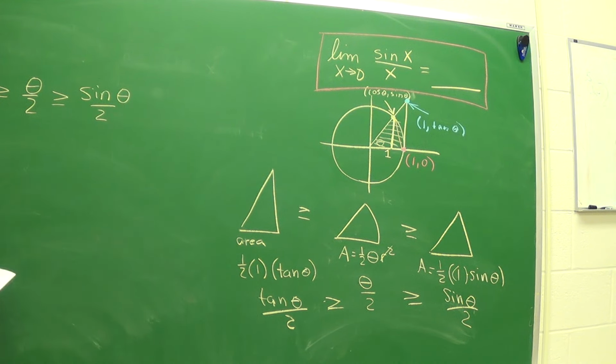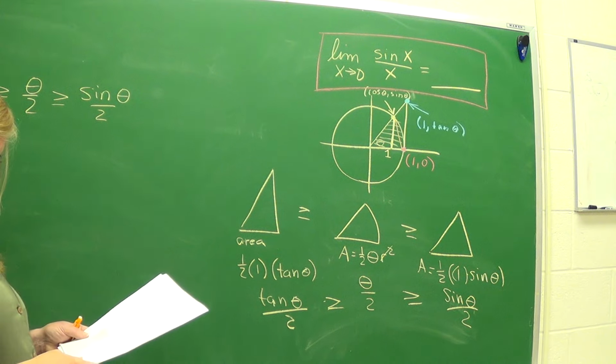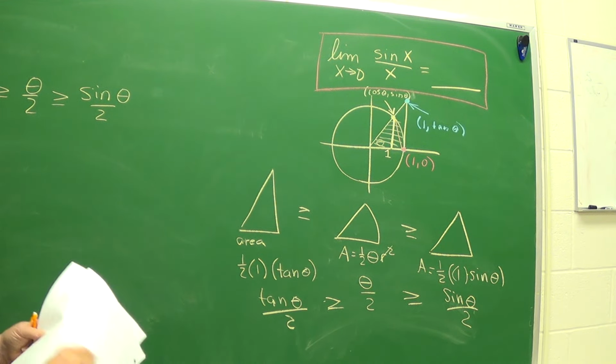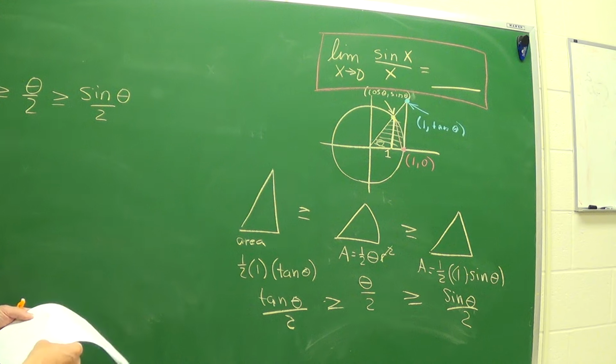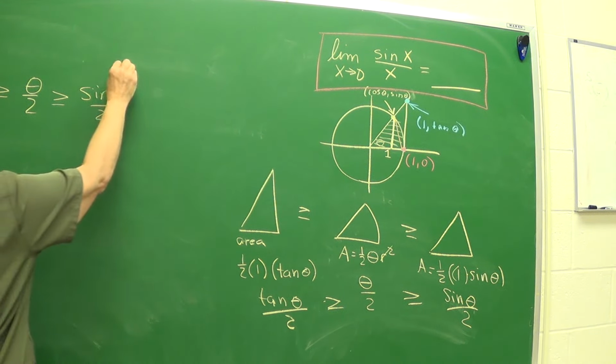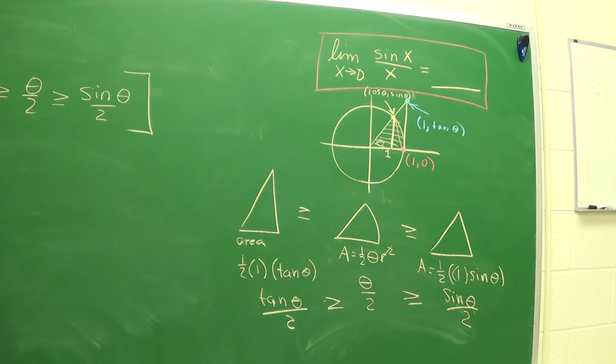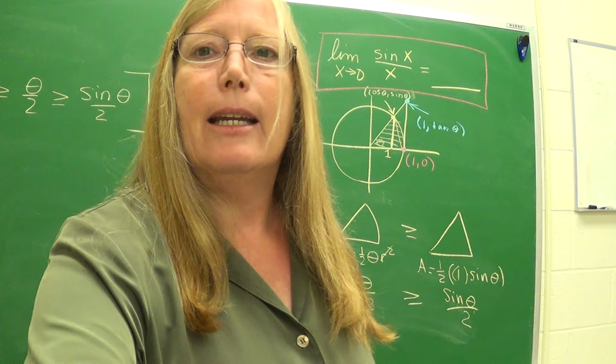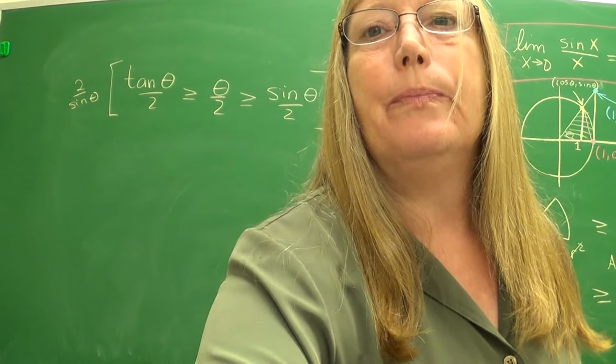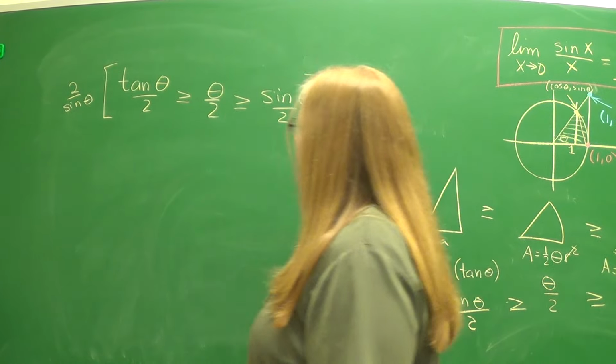Our next little trick in my mathematical bag is to multiply these all by the same thing. Since we have an inequality, as long as I multiply everything by the same thing, I will establish another true inequality. I'm going to multiply each portion by 1 over sine theta times 2.